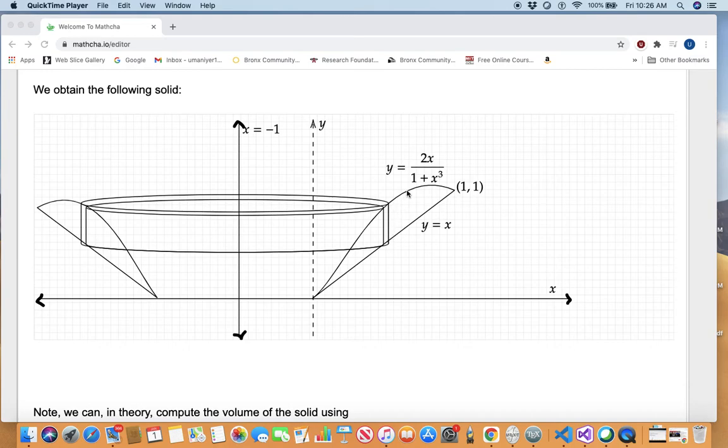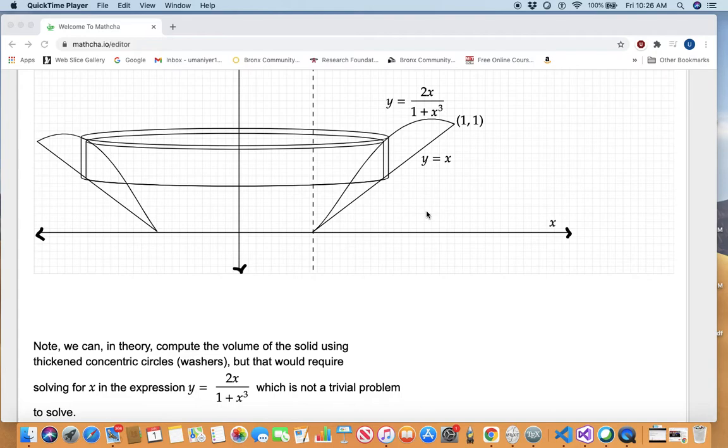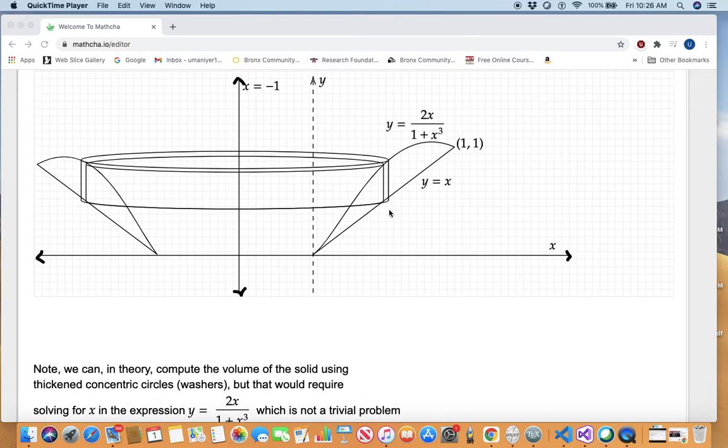In other words, height corresponding to the upper curve minus height corresponding to the lower curve. So, what about the radius of the cylinder? Well, the radius of the cylinder is the x coordinate, but the x coordinate is measured from 0. Radius of the cylinder has to be measured from -1. So 1 plus the x coordinate.